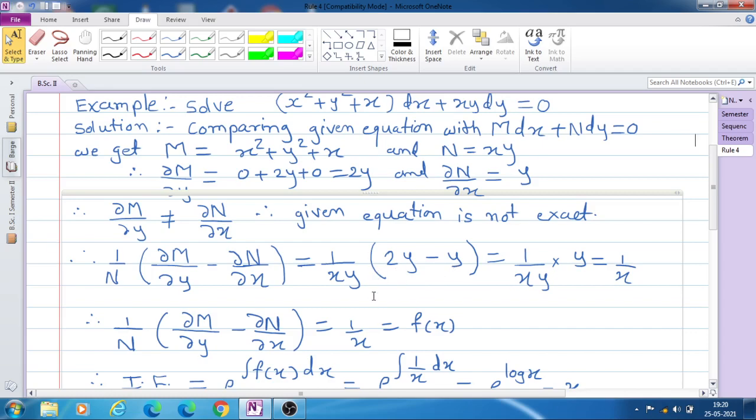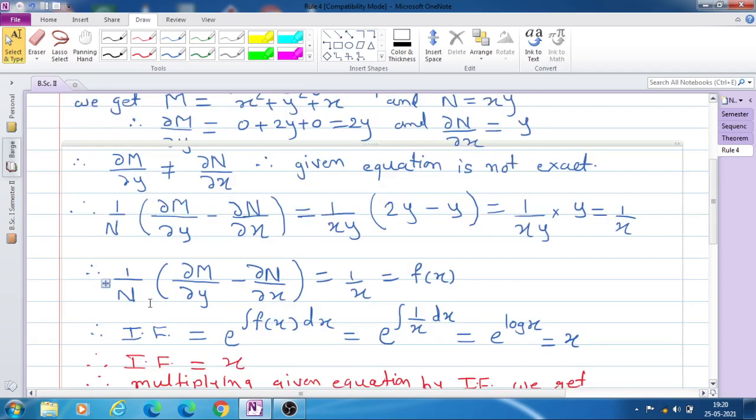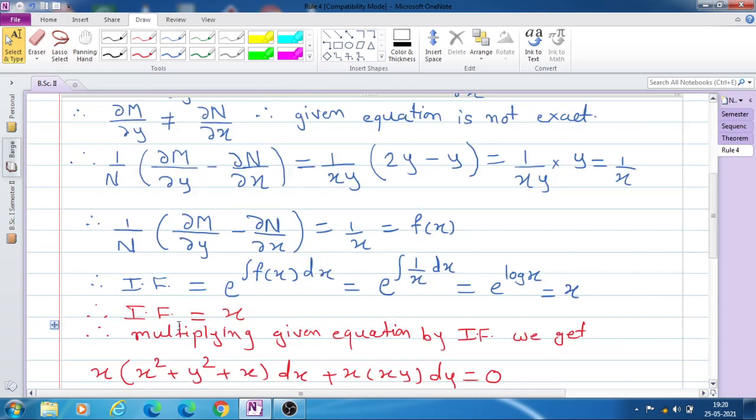Therefore this is 1 upon xy into (2y minus y). This is 1 upon xy into y, cancelling y, this is equal to 1 upon x. That means this is f of x, a function of x only. This does not contain y.